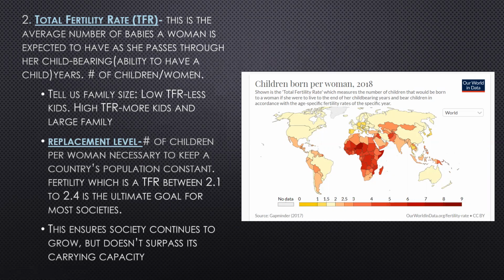It's basically the number of children per woman necessary to keep a country's population constant. The number for TFR would be 2.1 to 2.4. That's the ultimate goal for most societies, because that keeps population level. It ensures society continues to grow, but at the same time doesn't surpass its carrying capacity.